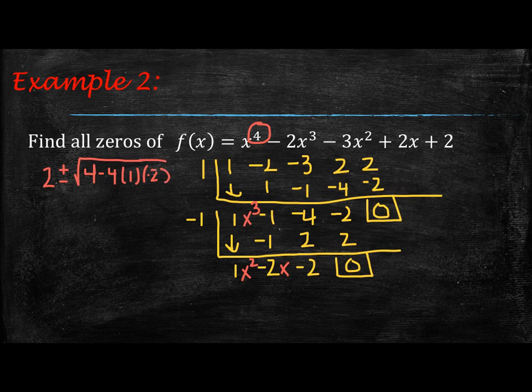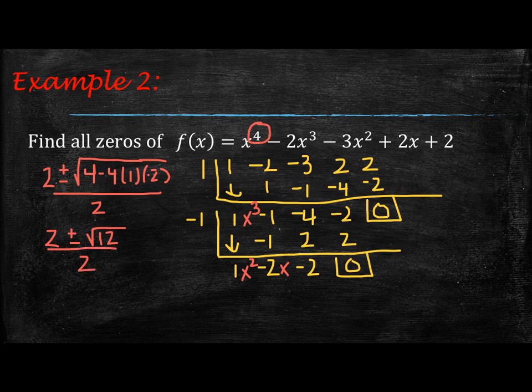Okay, and that's all over 2 times a, which would just be 2. So go ahead and simplify that. That would be 2 plus or minus the square root of 4, and that would be plus 8. So 4 plus 8 is 12. So this would be the square root of 12 all over 2.